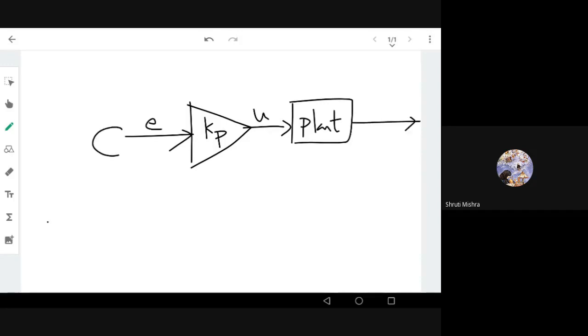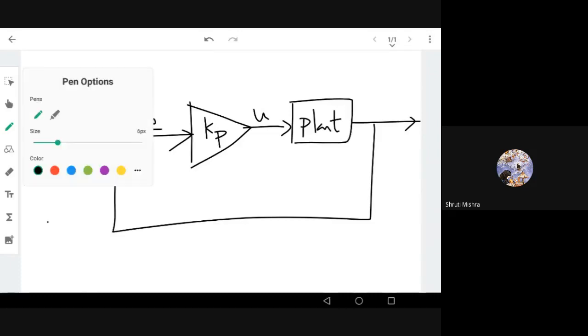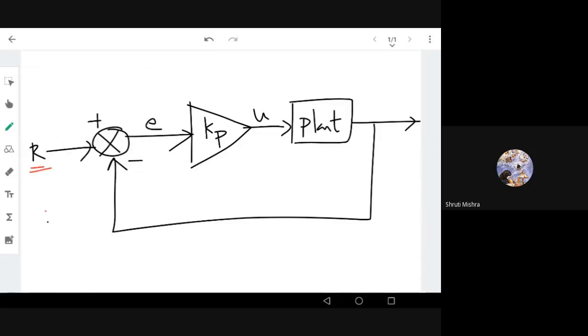Again there's a feedback, with minus and plus, and this is my reference level r. What is this r? R is the reference level of the plant, and my output is the volume, how much volume is filled in the tank.